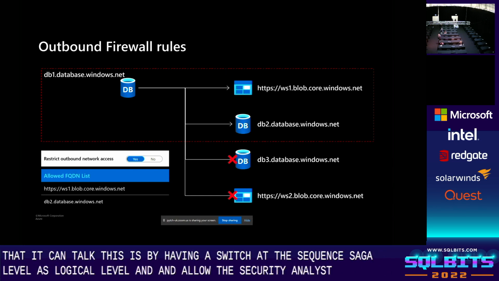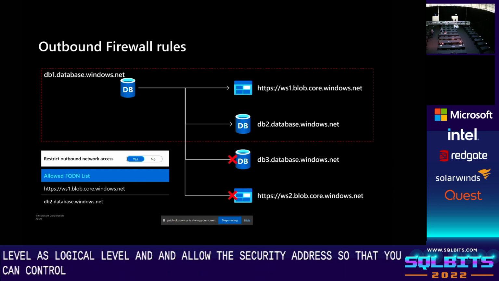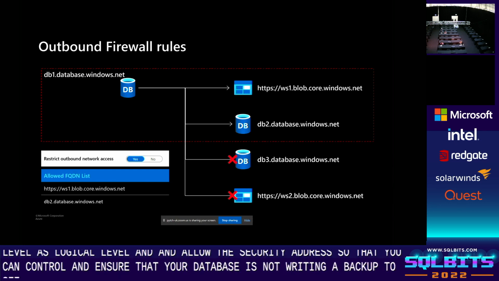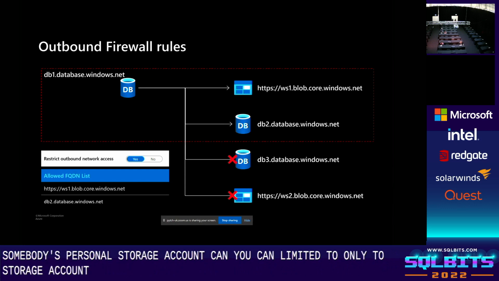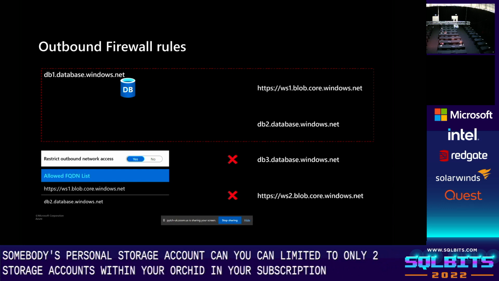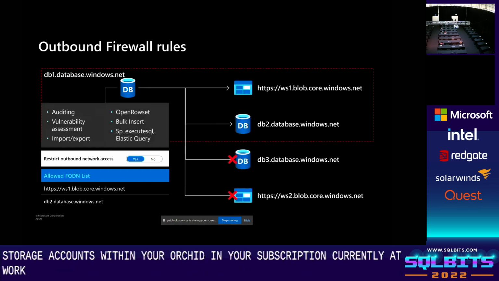That way you can control and ensure that your database is not writing a backup to somebody's personal storage account, and you can limit it to only the storage accounts within your org or within your subscription. Currently, it works for these particular set of features, which are mainly oriented towards writing to Azure storage.